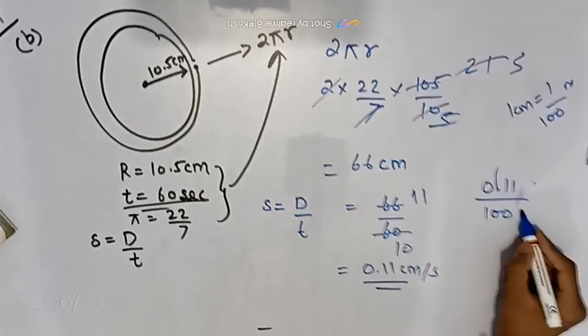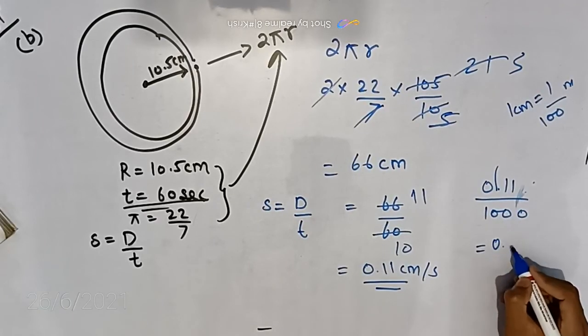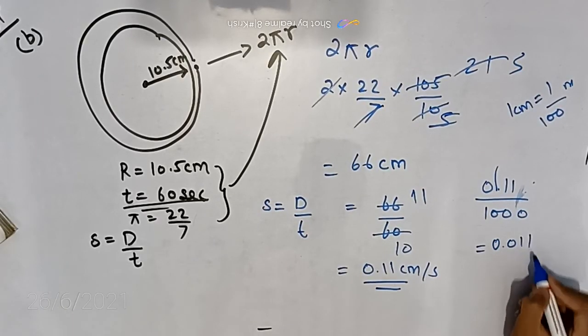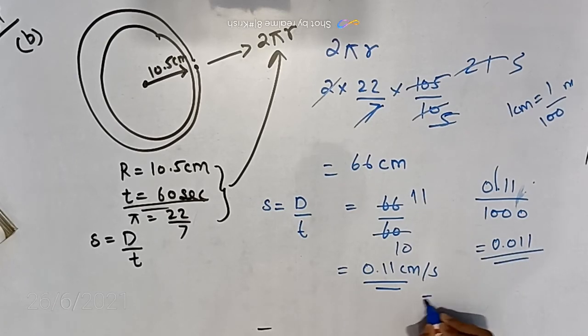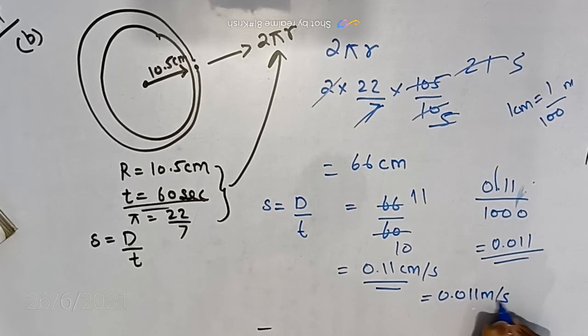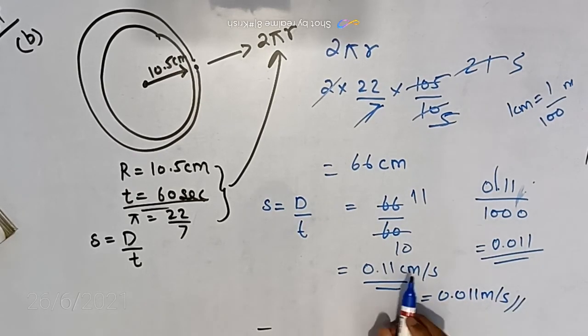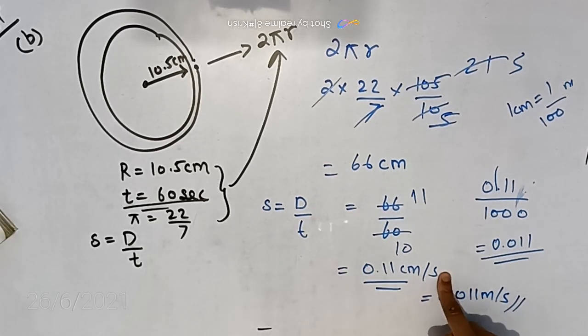The speed is 0.011 meter per second. If your answer is in centimeter per second and you do not want to convert it into meter per second, then there is no need, you can leave your answer there. But the answer in the book was given in meter per second, so I have converted it.